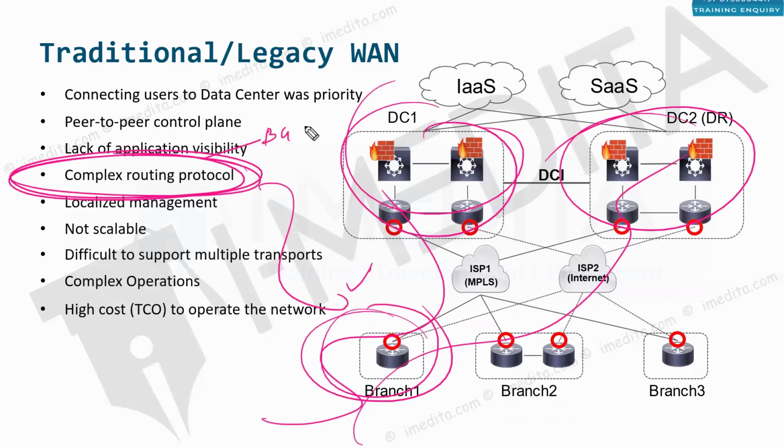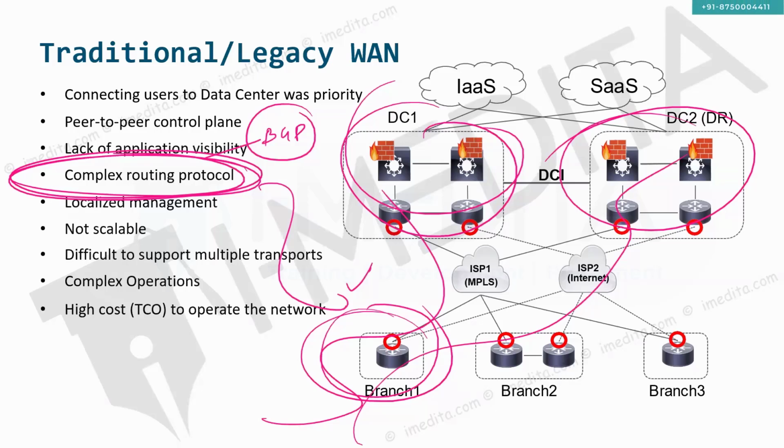In protocols such as BGP, you might need to perform path manipulation and traffic engineering, which is going to add an additional layer of challenge. Traditional WAN is not application aware, or it has limited application awareness.